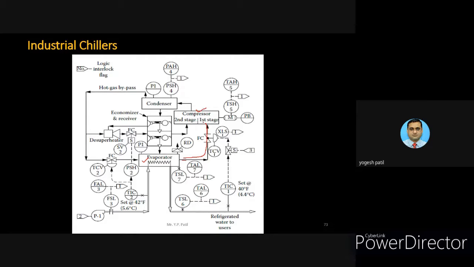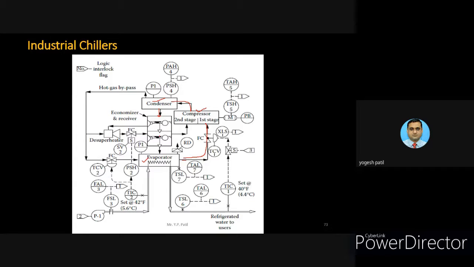Here a two-stage compressor is used, and the output of the compressor is given to the condenser, and the output of the condenser enters this expansion valve. This expansion valve is a special type of valve that acts as an economizer and receiver also.